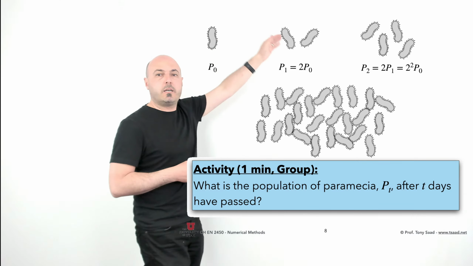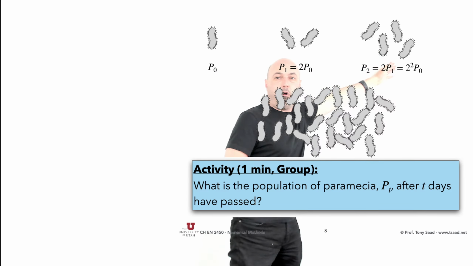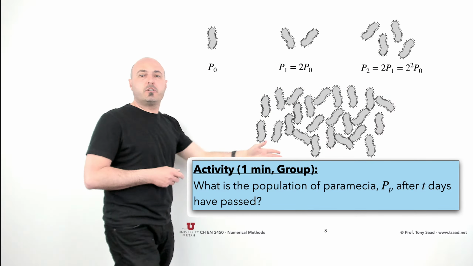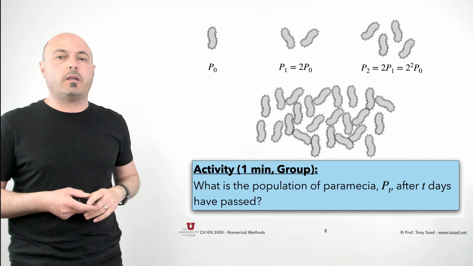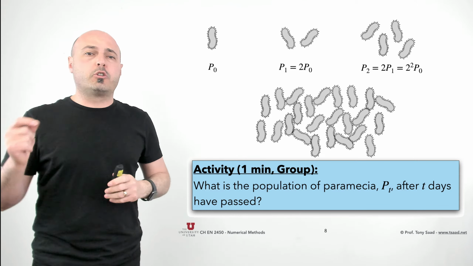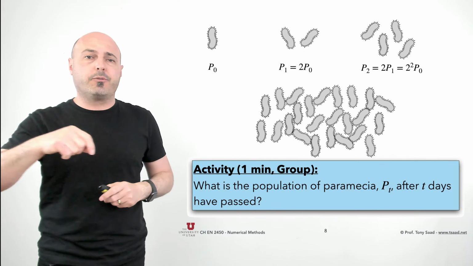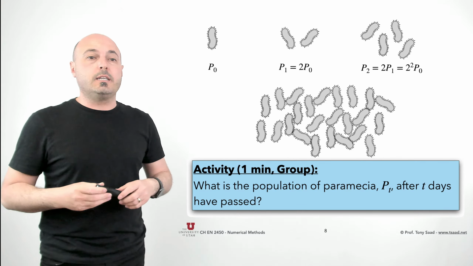After 1 day you had 2P0, after 2 days you had 4P0. So after T days, find me an equation for this population. Take a minute. It's just a simple recursion formula. Do it for 3 days, 4 days if you want, and then just generalize to T days.